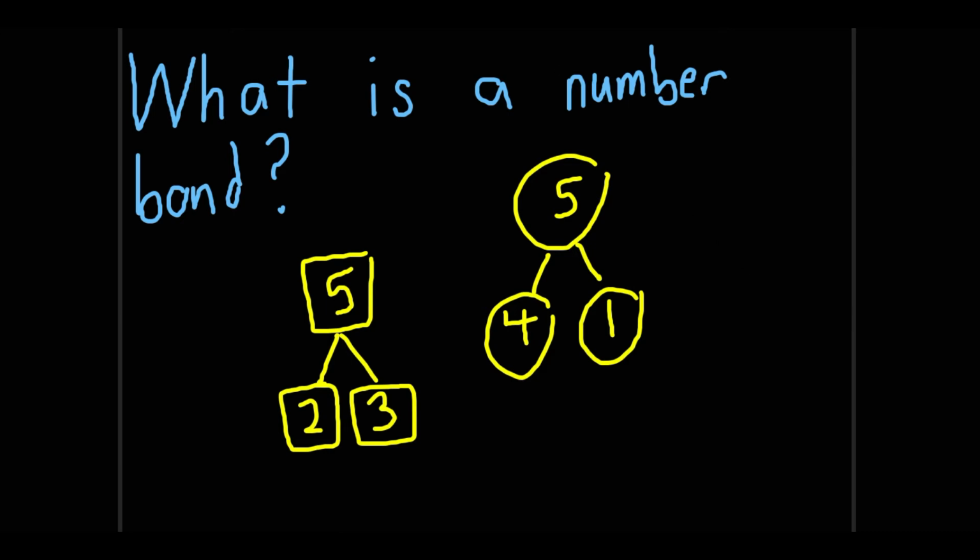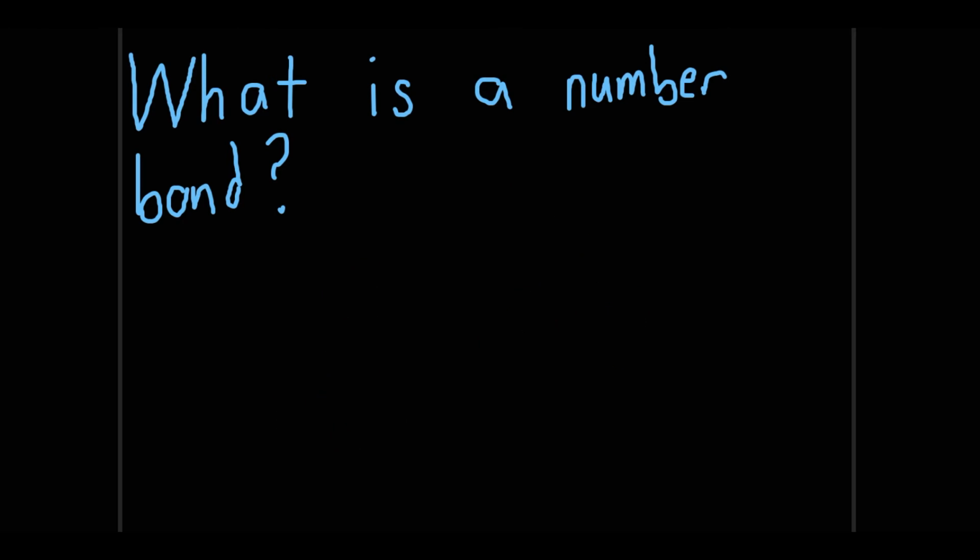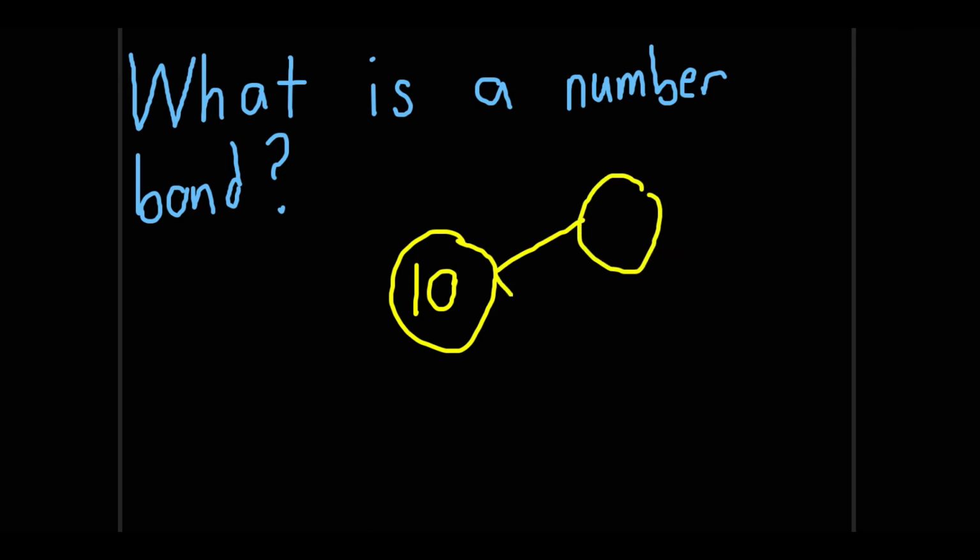Let me go ahead and clear up some space. Ten is represented here with 5 and 5. And of course, if we were to write some number sentences based upon this number bond, we could easily do that.